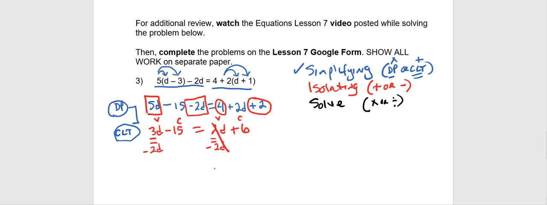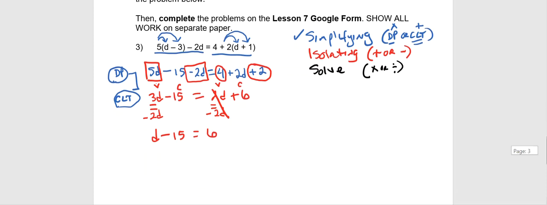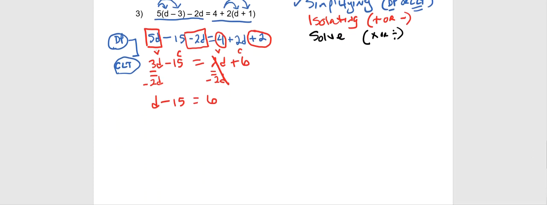That makes the 2ds cancel on the right-hand side. And on the left, let's see, 3d minus 2d, I like that. d minus 15 is equal to, the only thing remaining on the right is 6. Now from here, I take another look, and I'm not fully isolated.